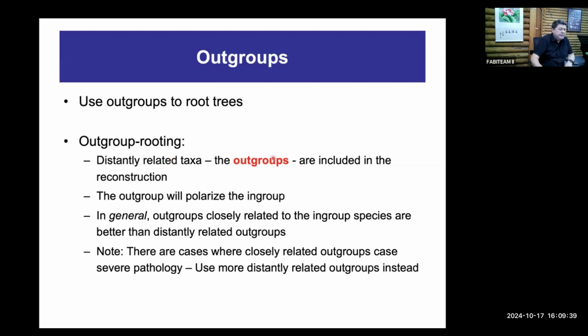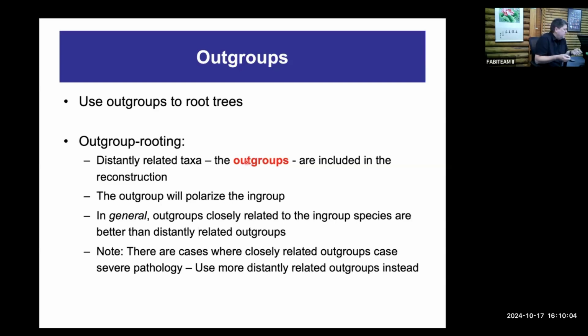These outgroup taxa can be taken from literature, or for example, if you want to know what the genera in a family are, you can use as an outgroup a taxon that's from a different family, but you know it's not so distant.